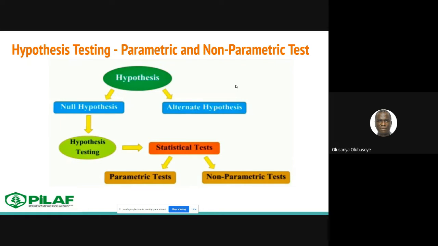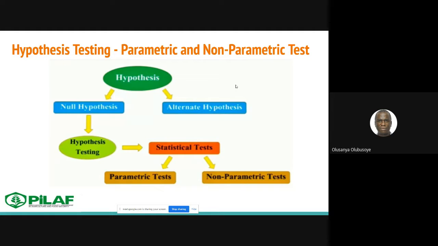So the null hypothesis is actually the hypothesis that you specify when you know the existing situation, or maybe in literature.